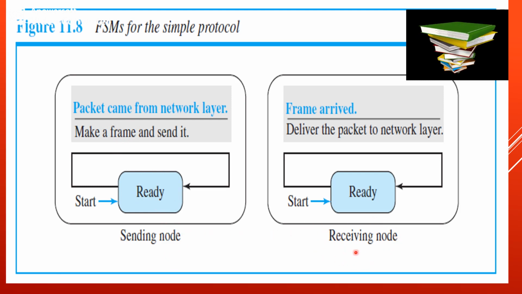The receiving node will receive the frame; until the frame arrives, the state will be in the ready mode itself. So whenever the frame is received by the receiving node, it will extract the packet information from the frame, and it will deliver that respective packet to the network layer.